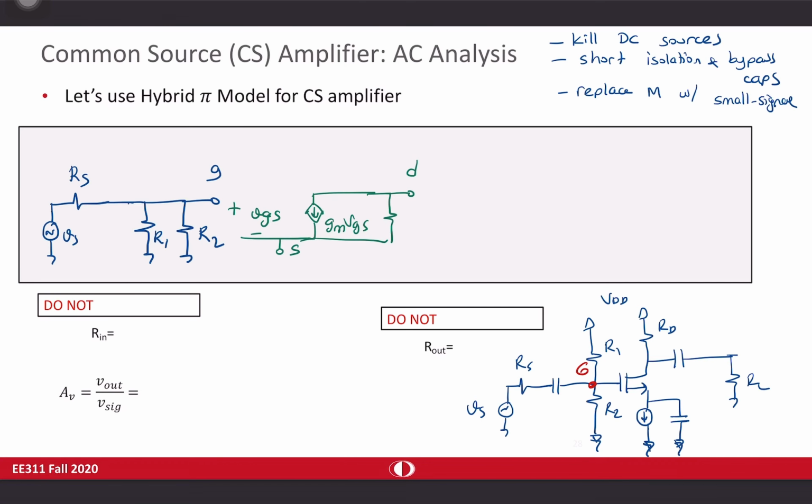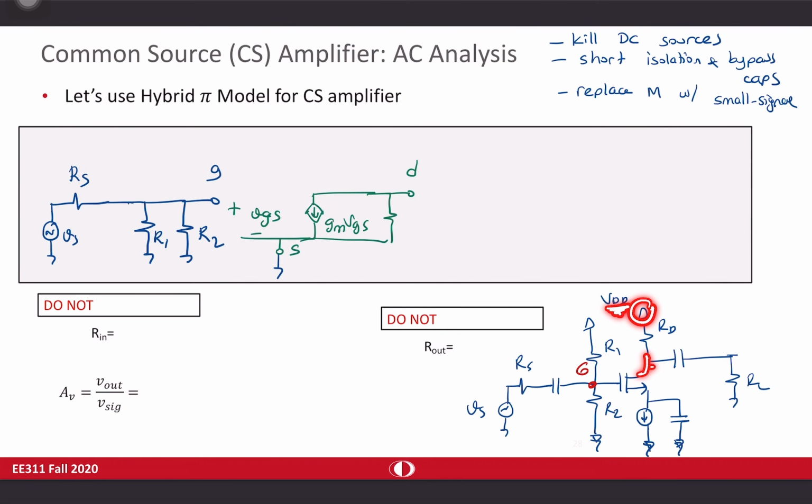What's going to happen to source? Let's take a look at the actual circuit. At the source, this capacitor is shorted, is grounded, and this current source is open circuited because it is DC. So source is directly grounded. At drain, I have RD. The other end of the RD should be grounded because this source is killed.